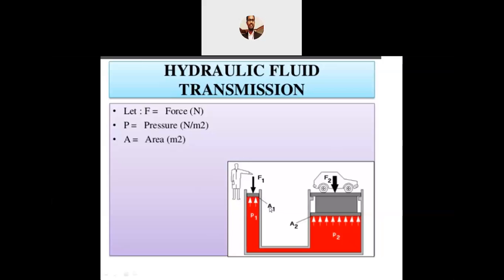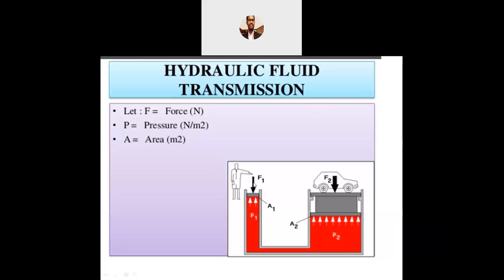So this is area one, and here we have a car which has been placed on a plunger or a lift with an area of A2. By observation itself you can make out whether A1 or A2 is greater. Obviously A2 is greater. Then the force required to lift this car is more.